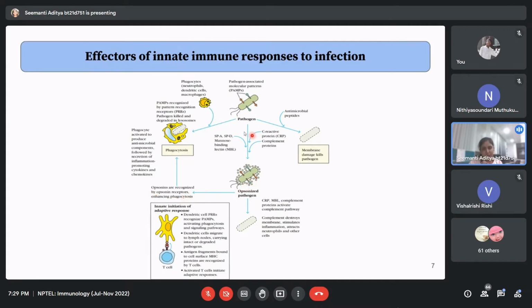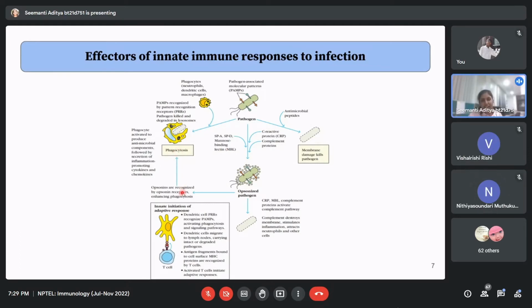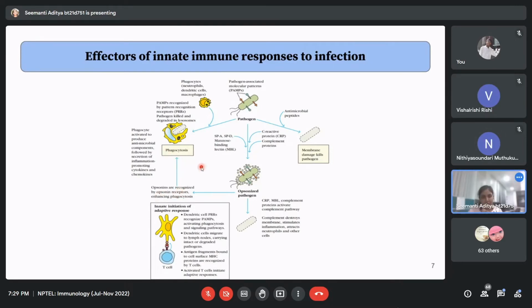These molecules are known as opsonins because they help the phagocytic cells undergo phagocytosis. So phagocytosis will take place, and ultimately the pathogen will be killed.